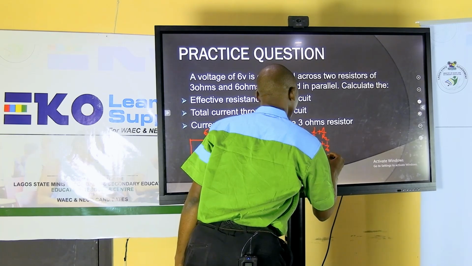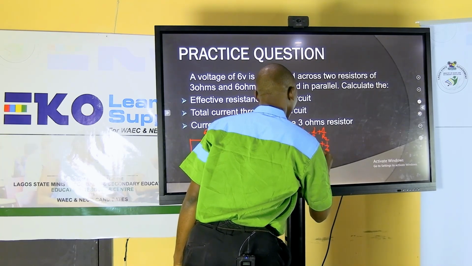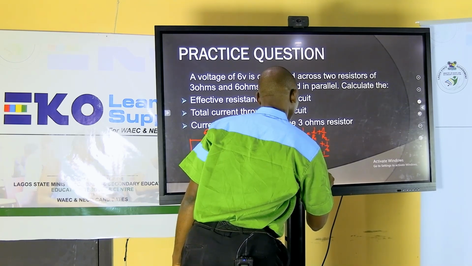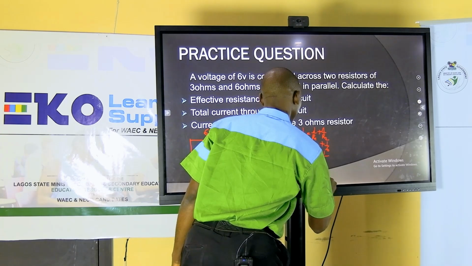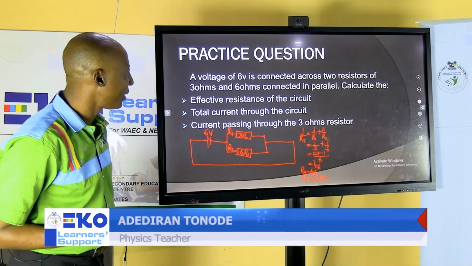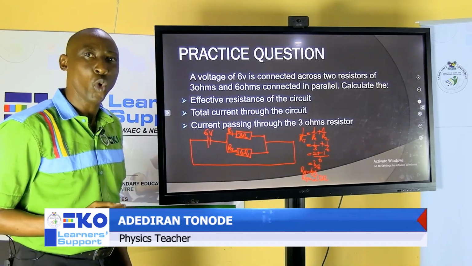And the LCM is going to be 6, 2 plus 1. So we are having 3 over 6. So R total will now be 6 over 3. So final answer equals 2.0 ohms. So we've been able to do justice to that. Effective resistance of the circuit is 2 ohms.